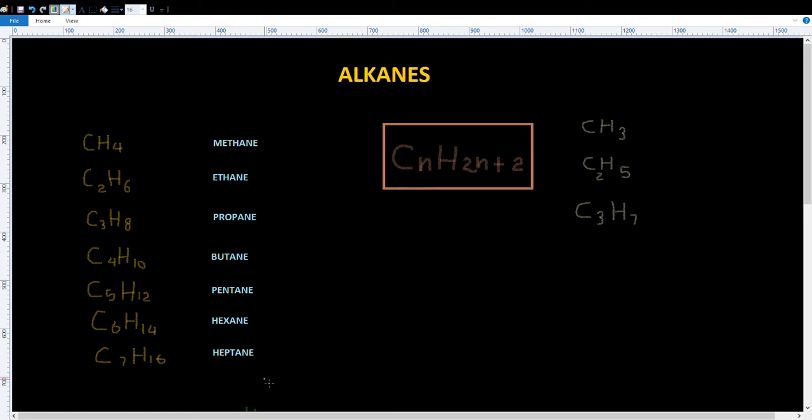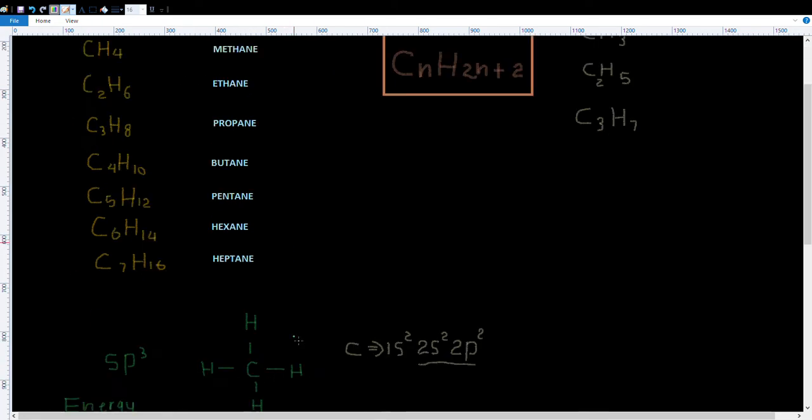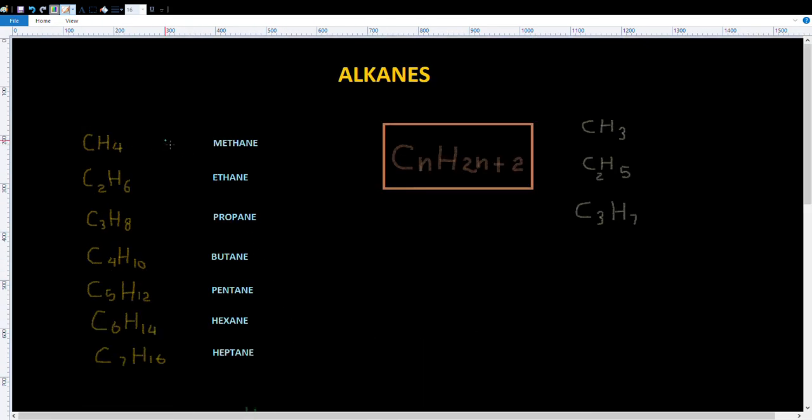First of all, I have mentioned some of the alkanes, and methane is the simplest alkane. This is kind of like a pattern, which can be known as a homology series. First of all, I would like to give you an idea about how these alkanes vary according to this homology series.